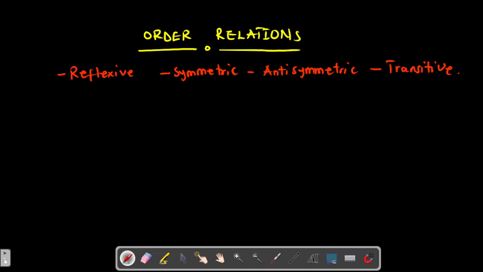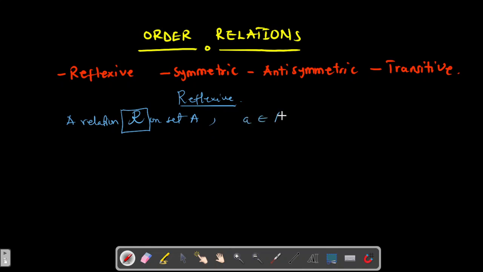Now, reflexive property. So a relation R on set A. There is a symbol we use to signify relation R on set A. It is said to be reflexive when a, which is a member of A, is a reflection of itself.